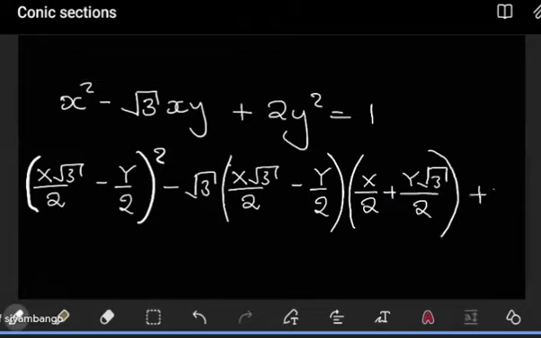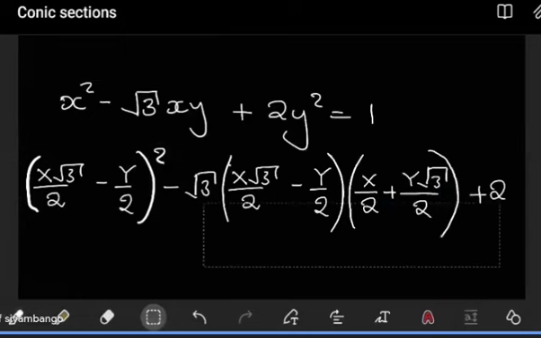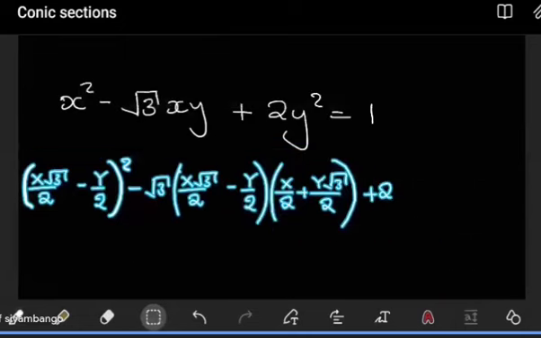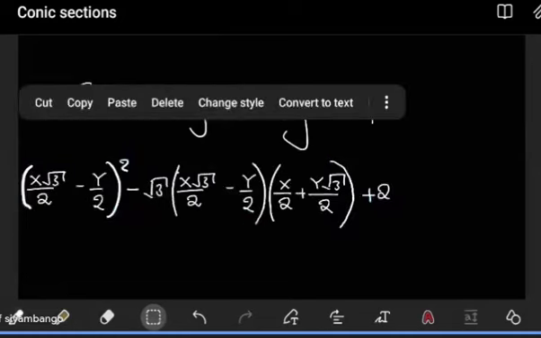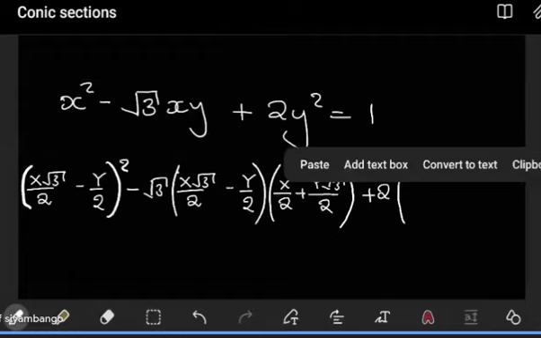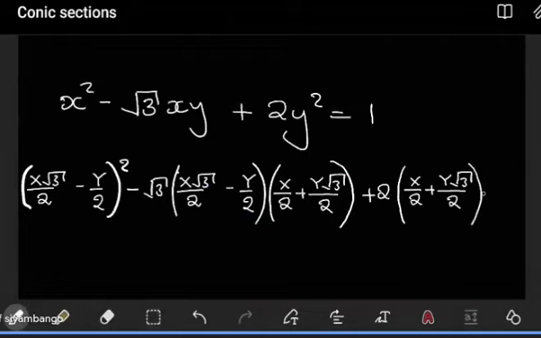And then we have plus 2, and then the y to follow them, squared. And on the right-hand side, that is a 1, so we'll keep it as a 1.